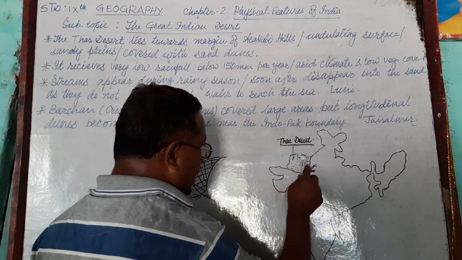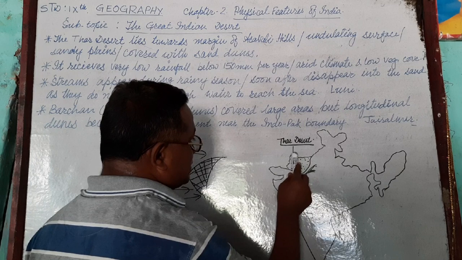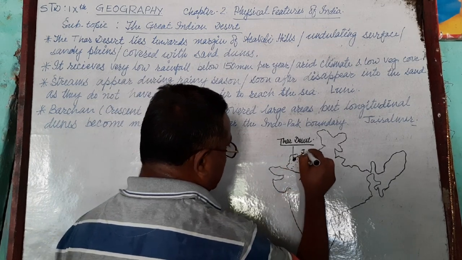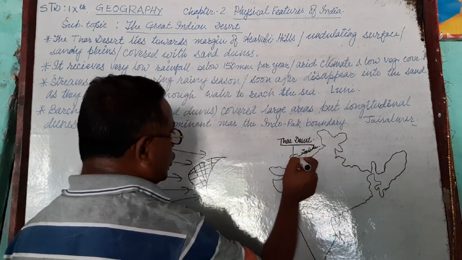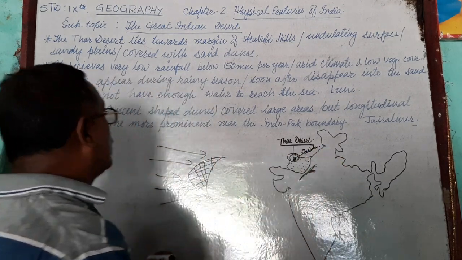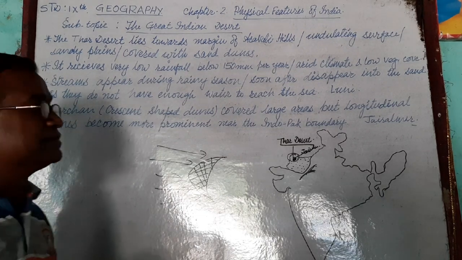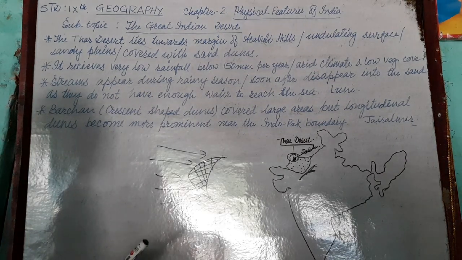Between these boundaries the town of Jaisalmer is found. Close to the Jaisalmer region, a lot of crescent-shaped dunes, that is Barkhans, are found prominently. So these are other features of the Thar Desert.